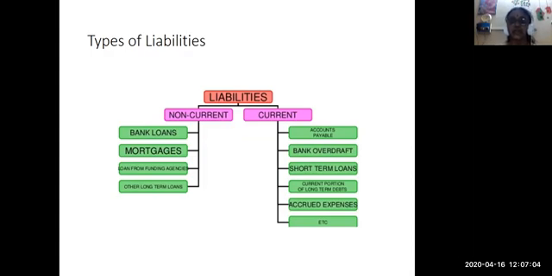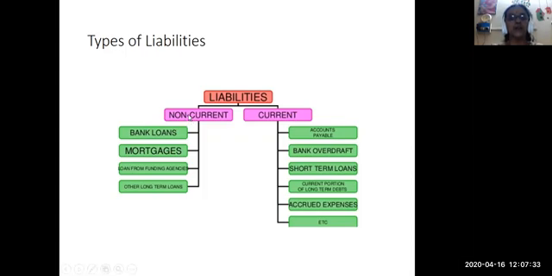Then there are accrued expenses, that is, expenses which we can pay later, for example salary payment which will be made after that month is over. That is one accrued expense. Then the tax which has to be paid, insurance premiums, all those expenses which will be paid on a later date, are known as accrued expenses.